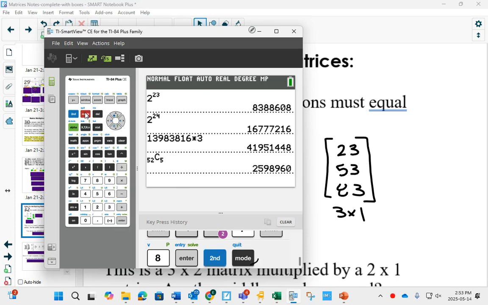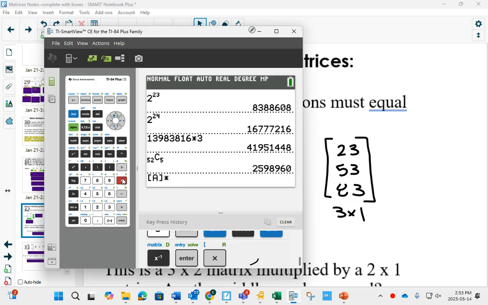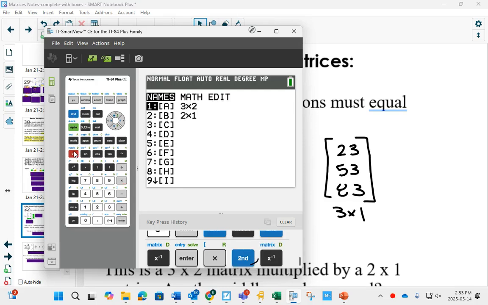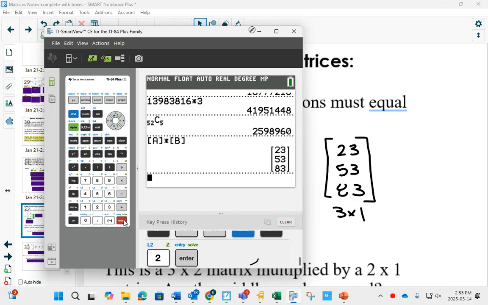And now, in my regular calculations, I can go second matrix and select A. And I can multiply that by second matrix and get B. And I get 23, 53, 83. So if you had to do a bunch of multiplications and adding all together, this could be very helpful.